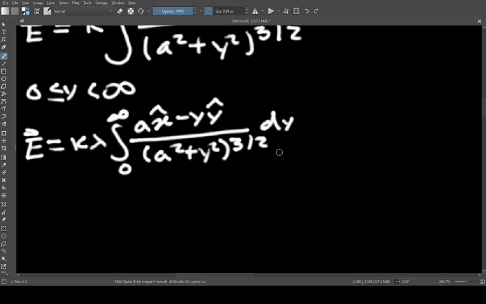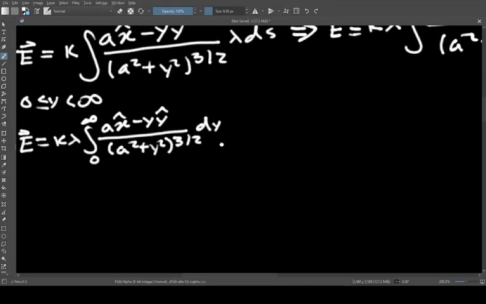Now, let's split this integral into two integrals.